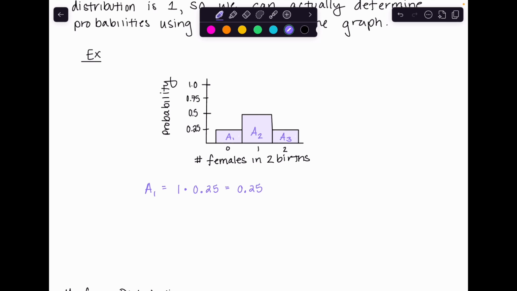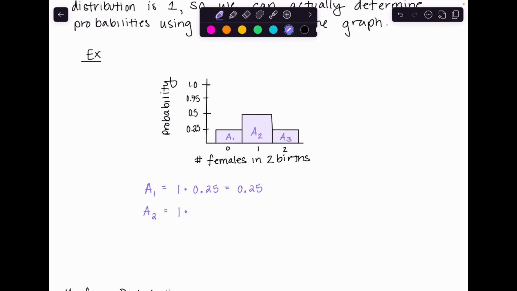which is the same as the probability that there are exactly no females. If I look at the second area, the width of this goes from 1 to 2. So in that case, again, the length of the bottom bar is 1. And then this height is 0.5.